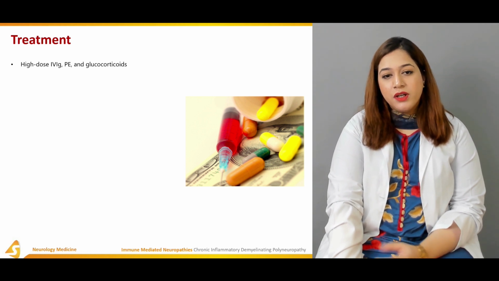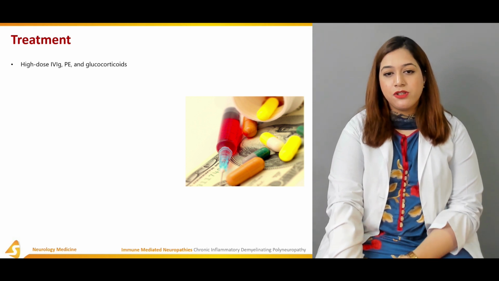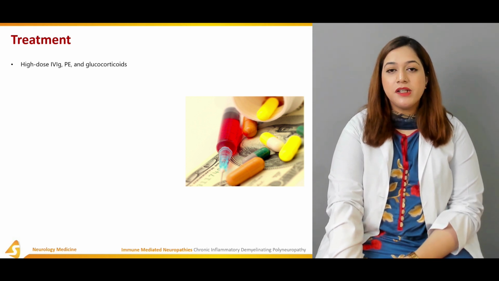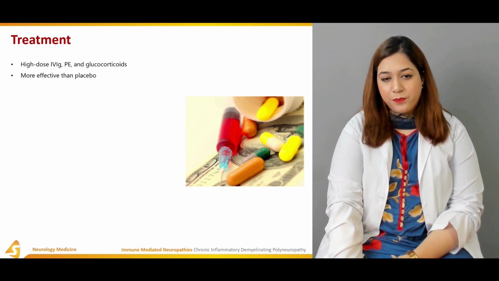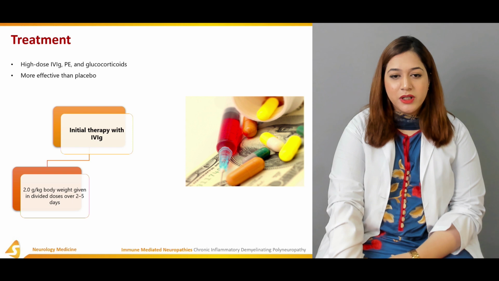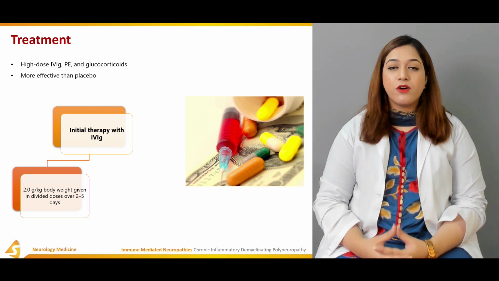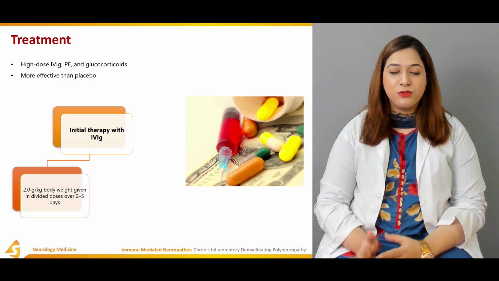Studies have shown that high-dose intravenous immunoglobulins, plasma exchange, and glucocorticoids are all effective as compared to a placebo. The standard initial treatment is started with intravenous immunoglobulins with a dose of 2 grams per kg body weight given in divided doses over 2 to 5 days.